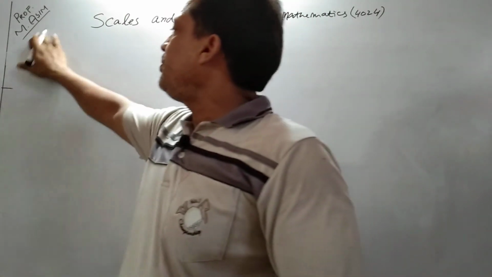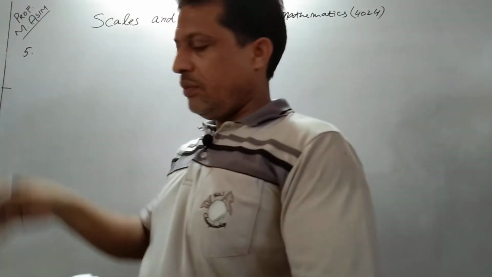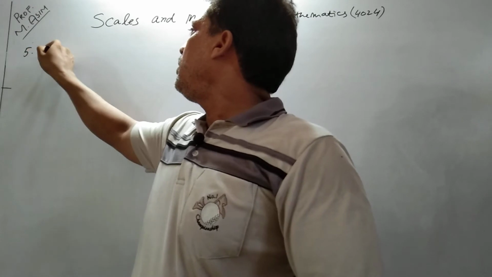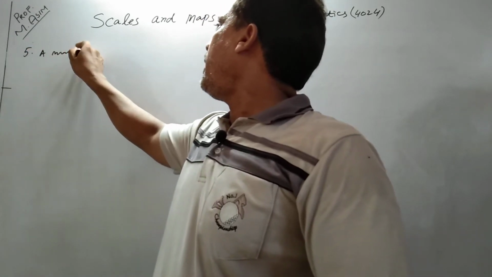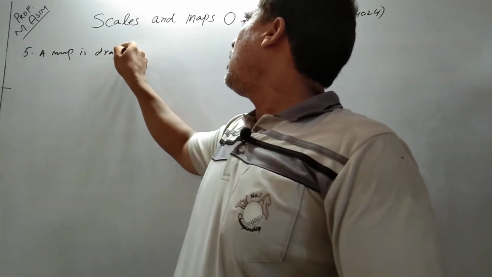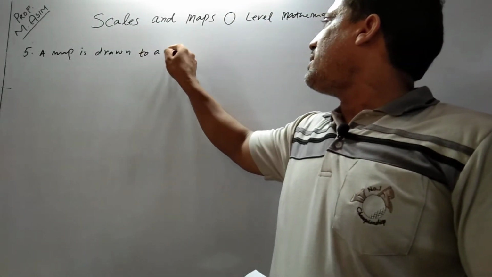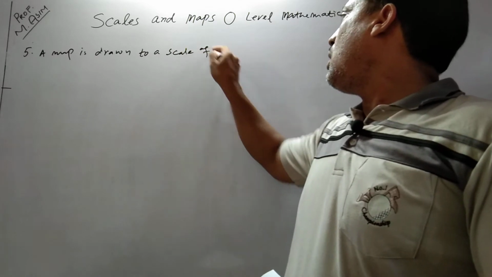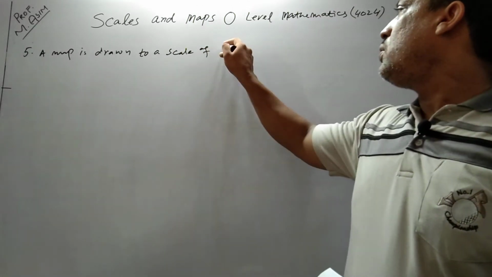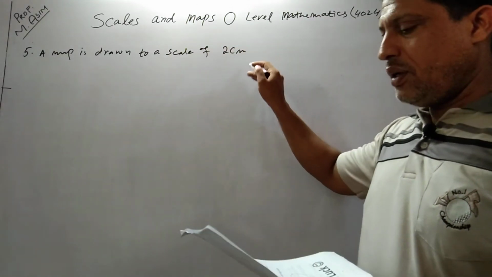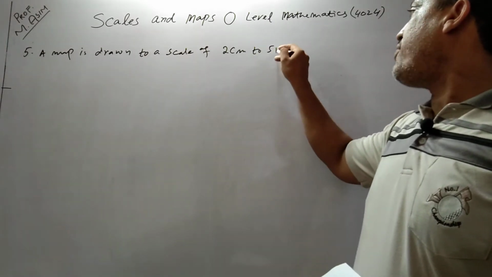Question number 5. A map is drawn to a scale of 2 centimeter to 5 kilometer.